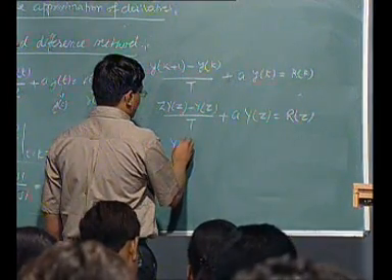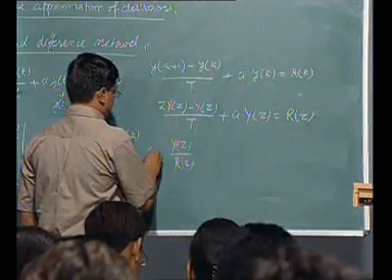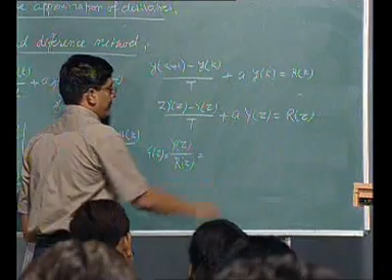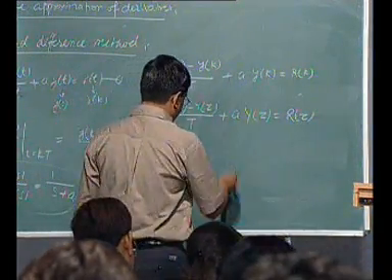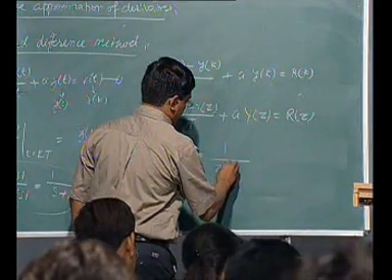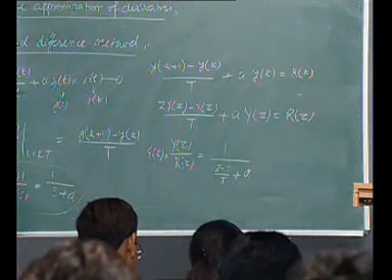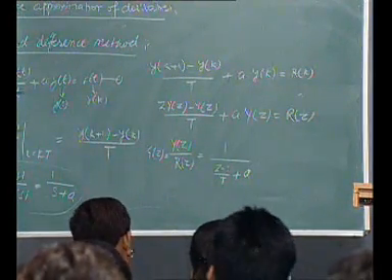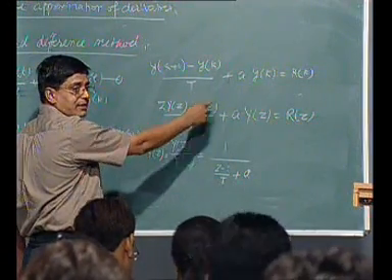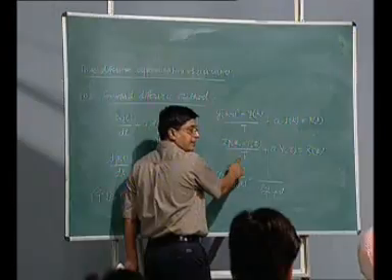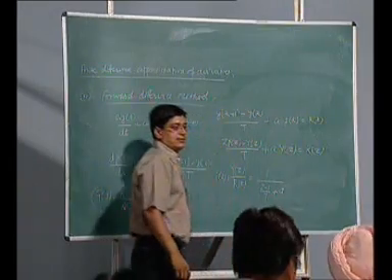So, we will solve it for Y(z)/R(z), that is, it will be (z minus 1) upon (T plus a). Clear? This z minus 1 upon T plus a is the denominator.